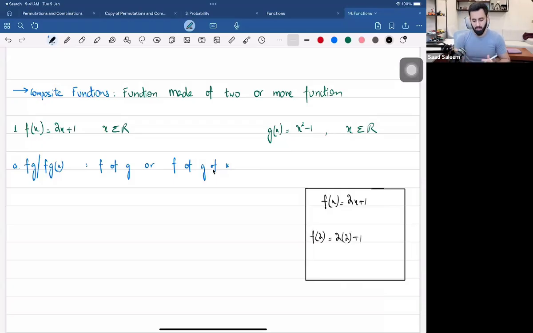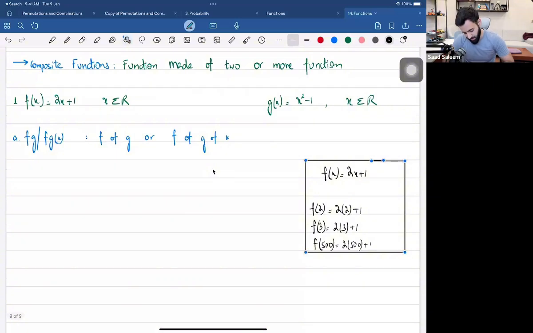Whatever you see in place of x, you plug in place of x. If you see 3 in place of x, you'd plug in 3. If it was 500 in place of x, you'd plug in 500. And then you would evaluate or simplify, whatever you're supposed to do.